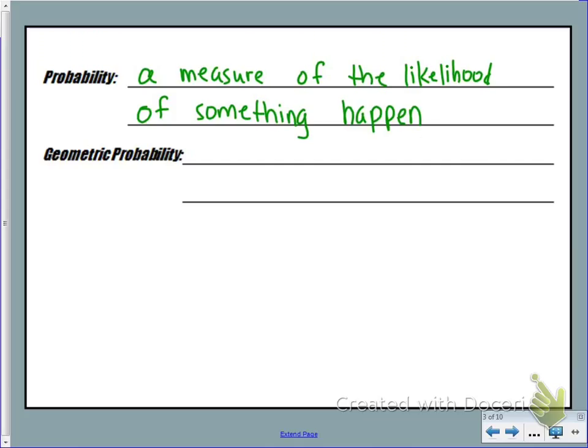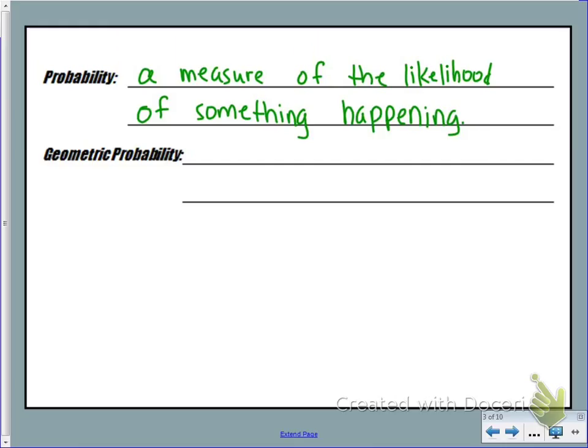The probability of it raining, for instance, would be the chance of it raining today. The probability of it being sunny, and so forth. There's a lot of probabilities in sports as well. The likelihood that a particular sports team might win against another competitor. So probability is very prevalent in many different situations outside of the classroom.